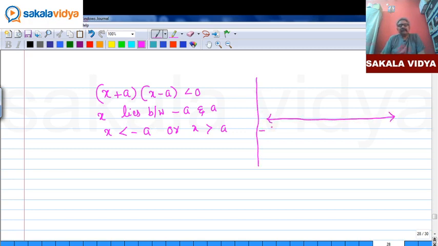This is minus infinity, this is positive infinity. Suppose take 0 here, say this is minus a, this will be a. x less than minus a, let us shade it now.